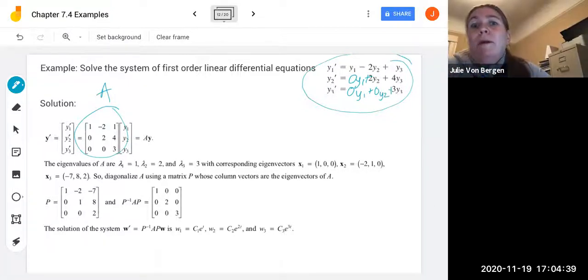All right, so y prime is equal to matrix A times y, which is the column vector y1 through y3.